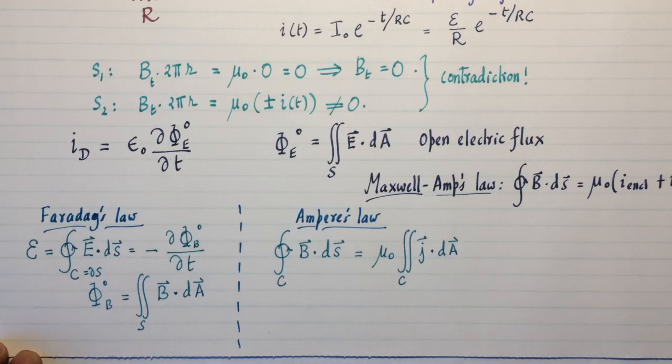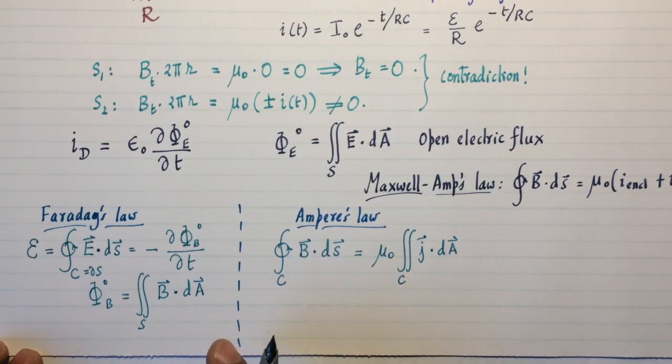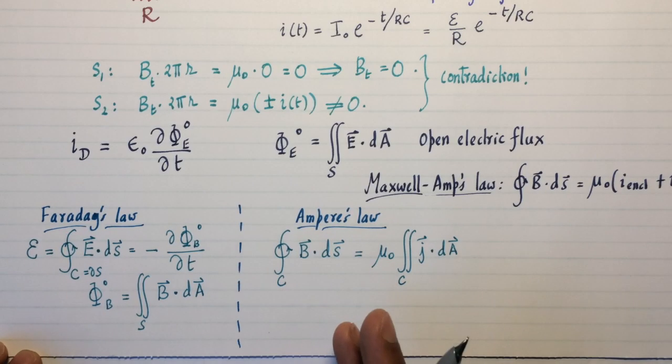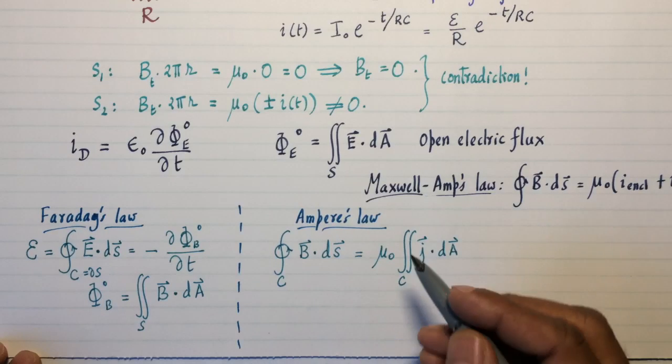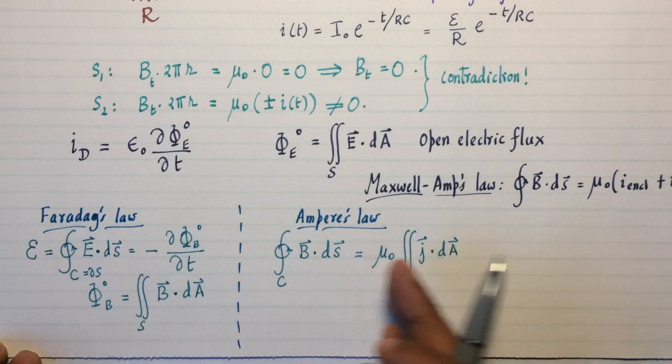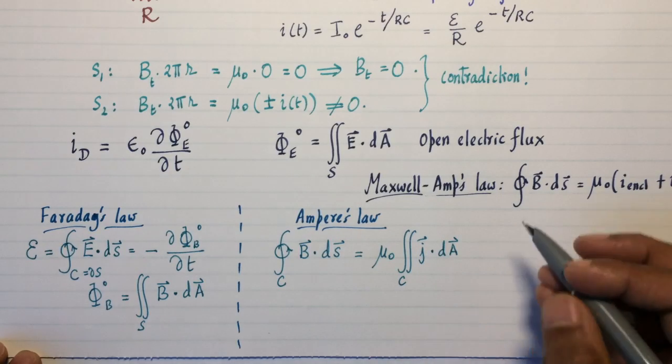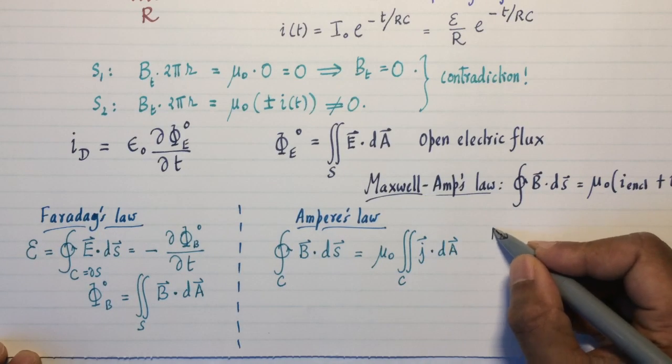So Maxwell was struck by the asymmetry, and he had a very strong Scottish belief that nature does not play games like this. He thought that nature should be exactly symmetrical. And also, during Maxwell's times, FYI, this mu naught, epsilon naught, etc. did not exist. At that time, the unit system used was called the MKS system.